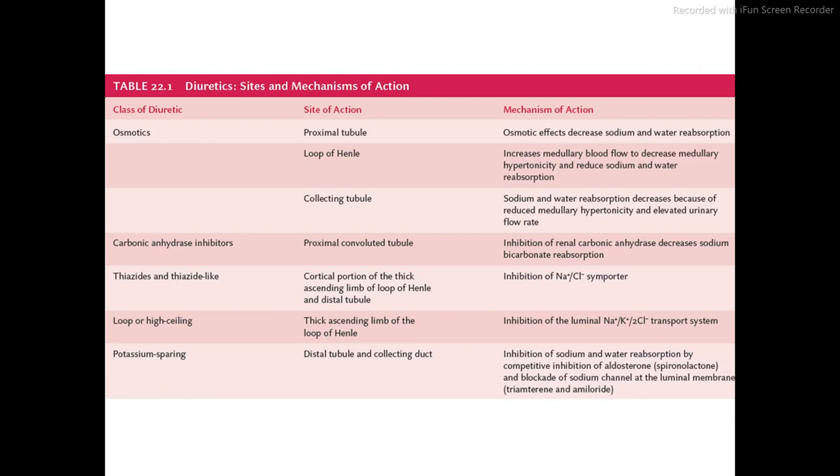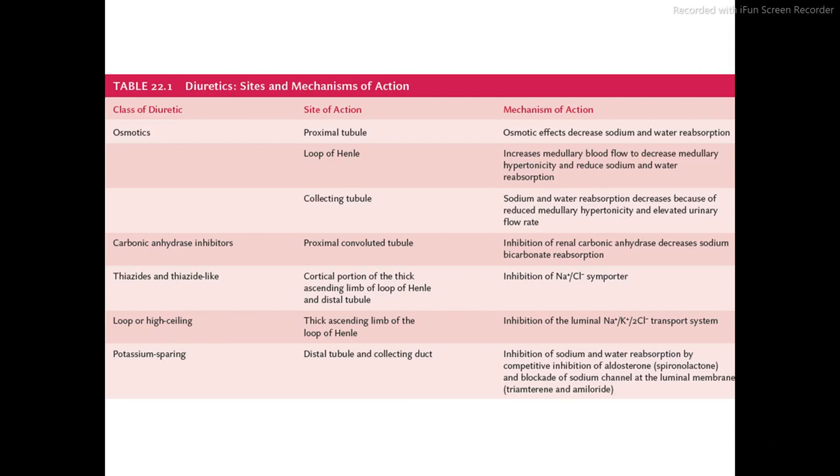Edema will happen. Yesterday we discussed the disease states. These diuretics are used in the treatment of edema and hypertension. If these ions are not excreted from the body, the person suffers from edema.